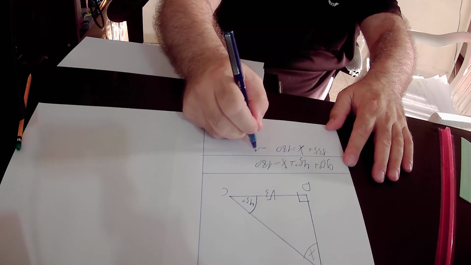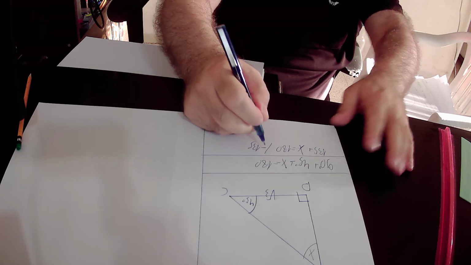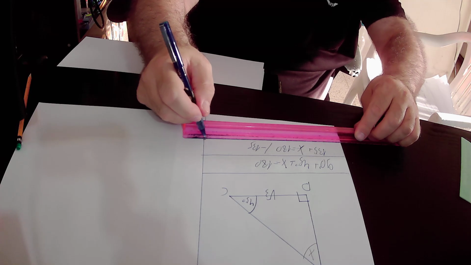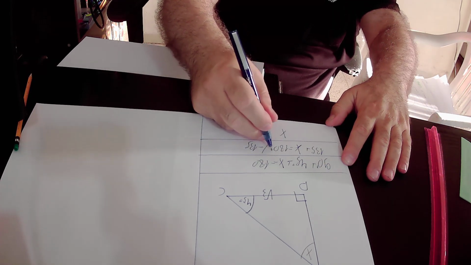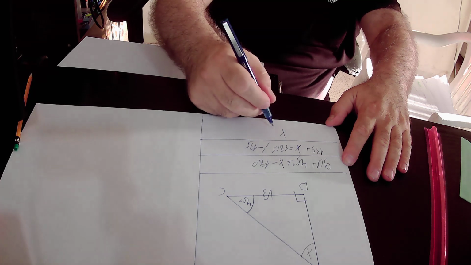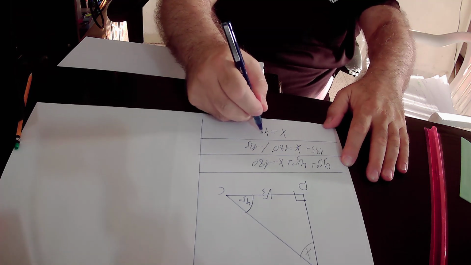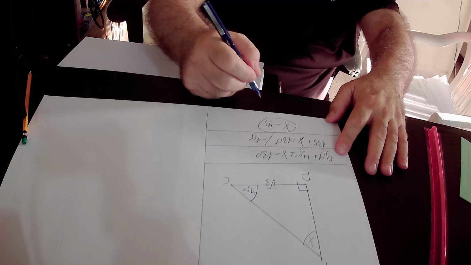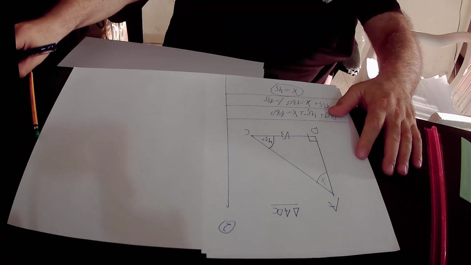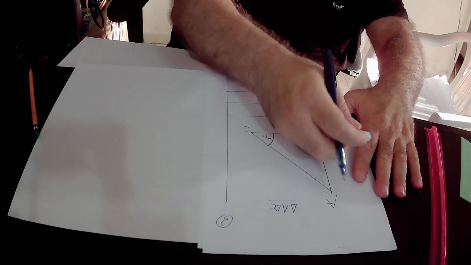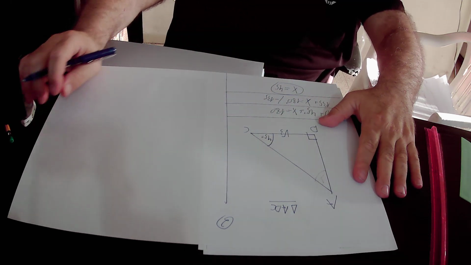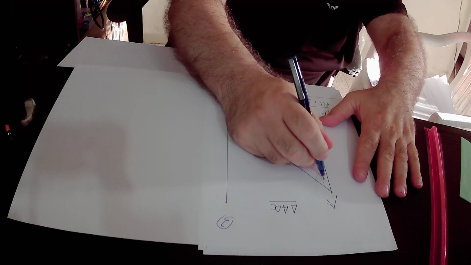Here we subtract 135 degrees from this equation and we get that the missing angle X equals 180 degrees minus 135 degrees, which is 45 degrees. Therefore, triangle ADC is a right triangle and also an isosceles triangle.